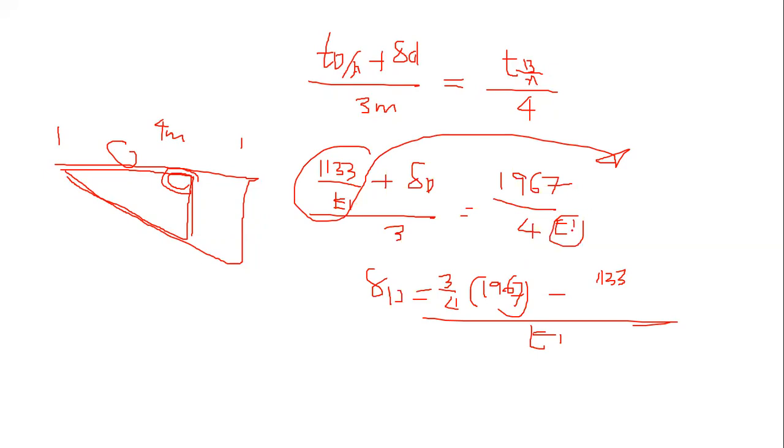Okay? So we can calculate deflection D. Okay, what's that deflection D? 342. Kindly check, okay? 342 over EI.